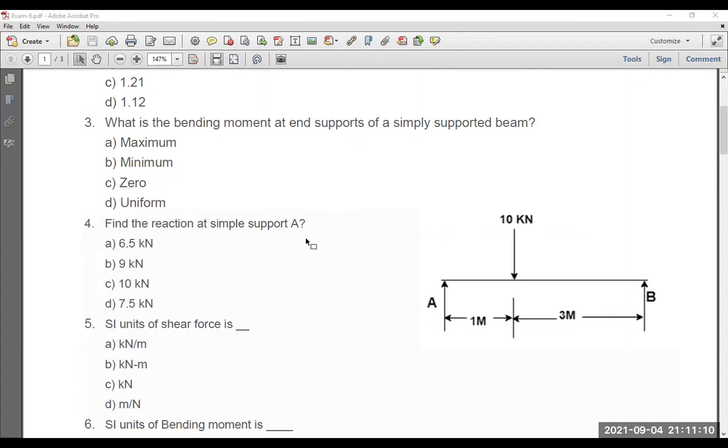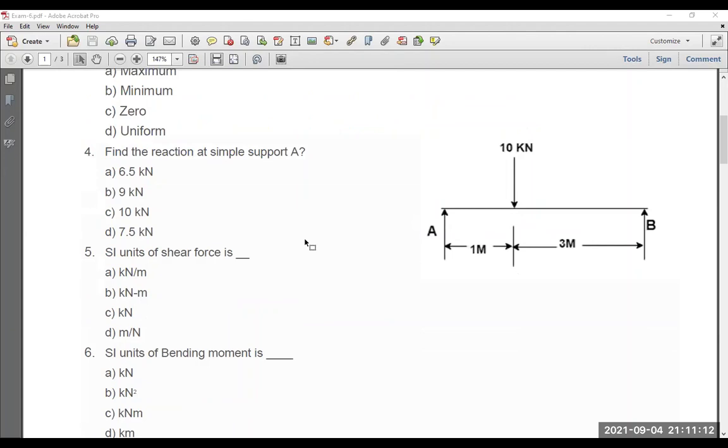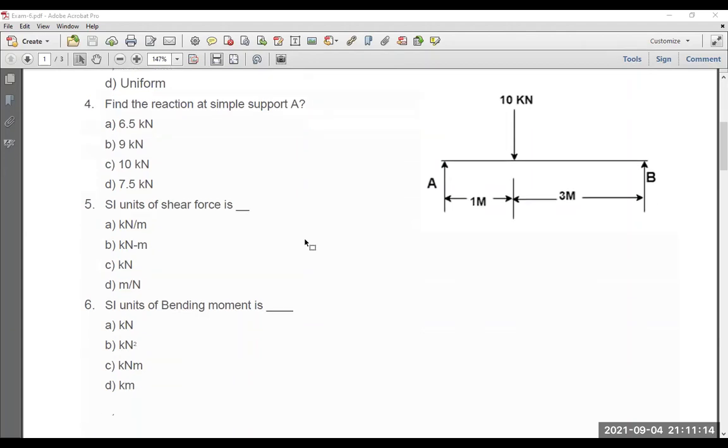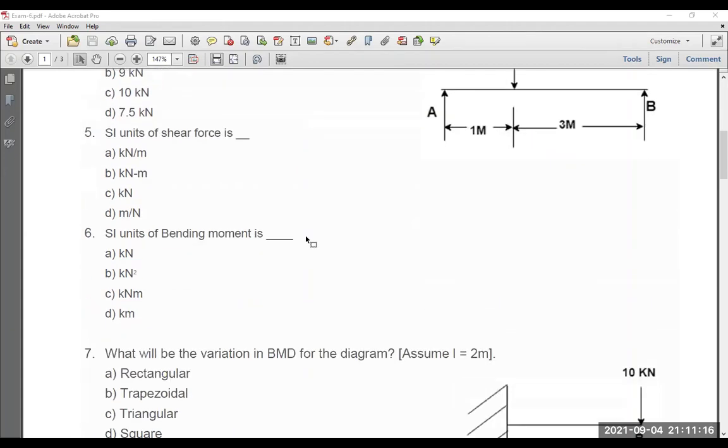Yes. 4. Keep it 4, now we solve it together. 5. 5 is A also. 5 is C.